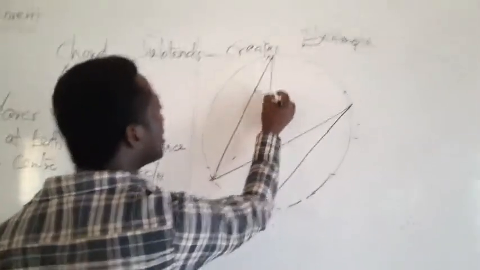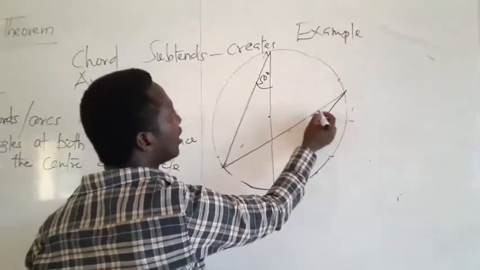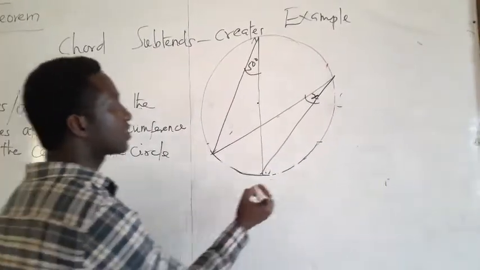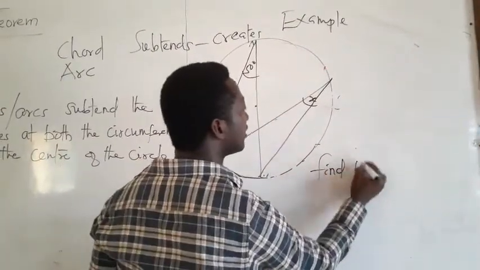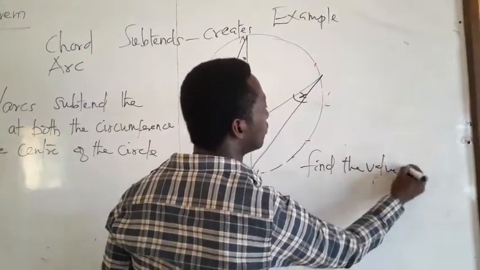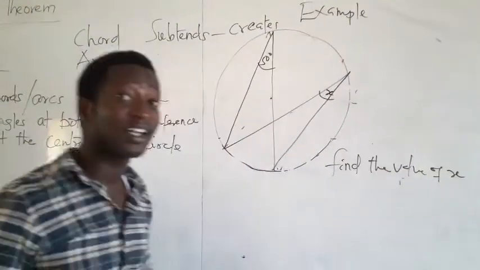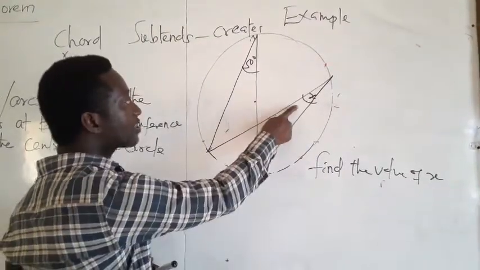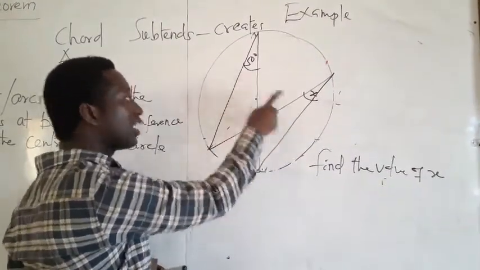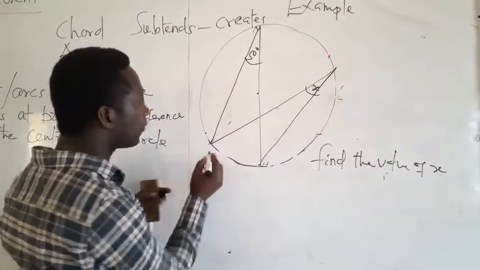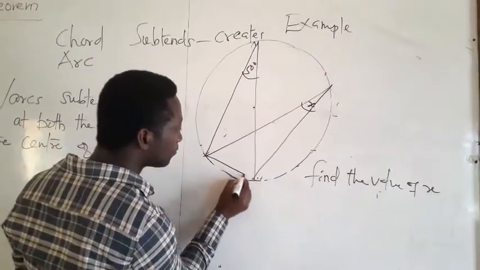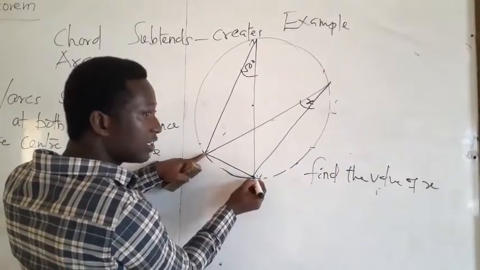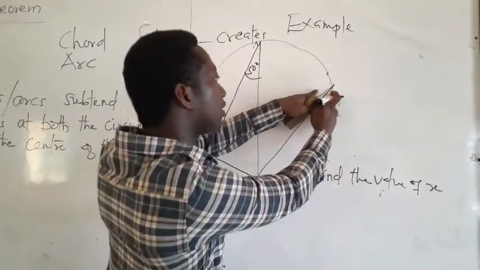So here the value is 50 degrees and the value here is x. Now the question is: find the value of x. So what will be the answer for x? Now let's see. We have angle x and we have angle 50 degrees. Angle x originates from this chord because the lines are coming from here and here to form this angle.